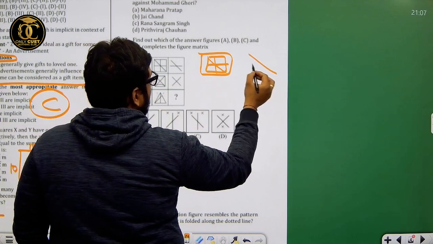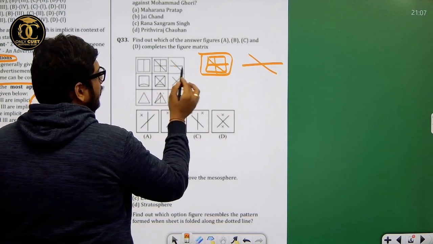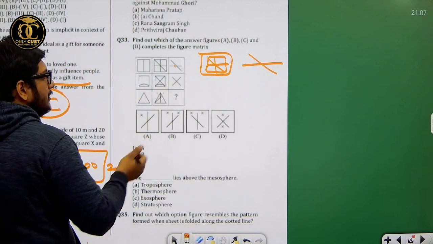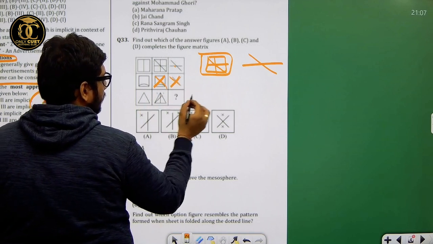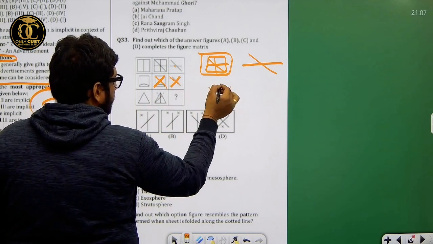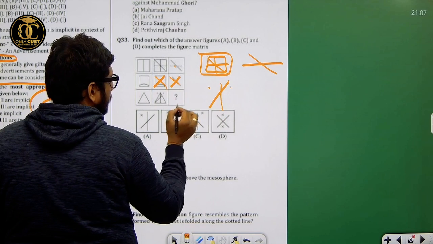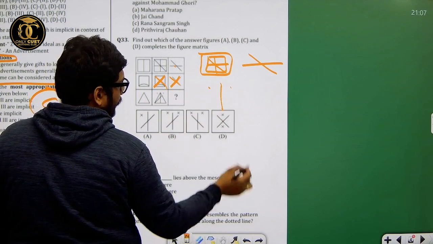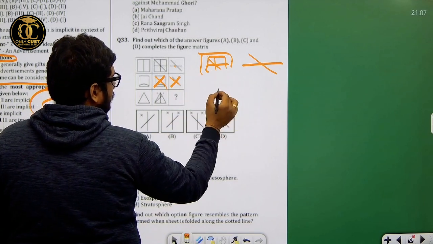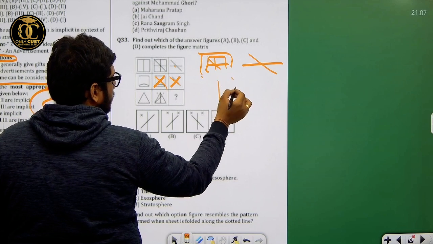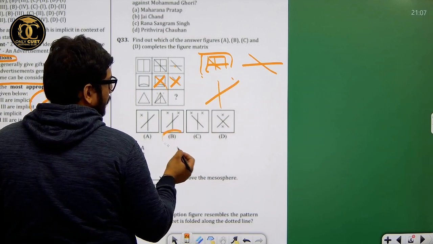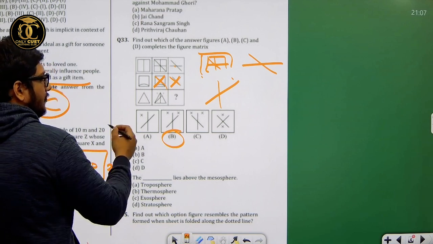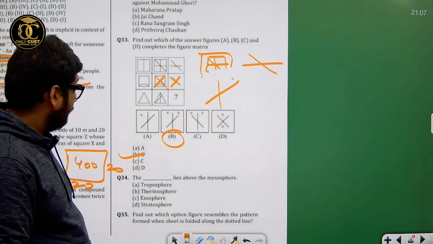The lines that I added, if I add them separately, this is the third column. Similarly in this, I added a cross. Now similarly in this, I added two dots, one straight line and one line like this. Similarly, this is the correct one, option B. So B is the correct one.